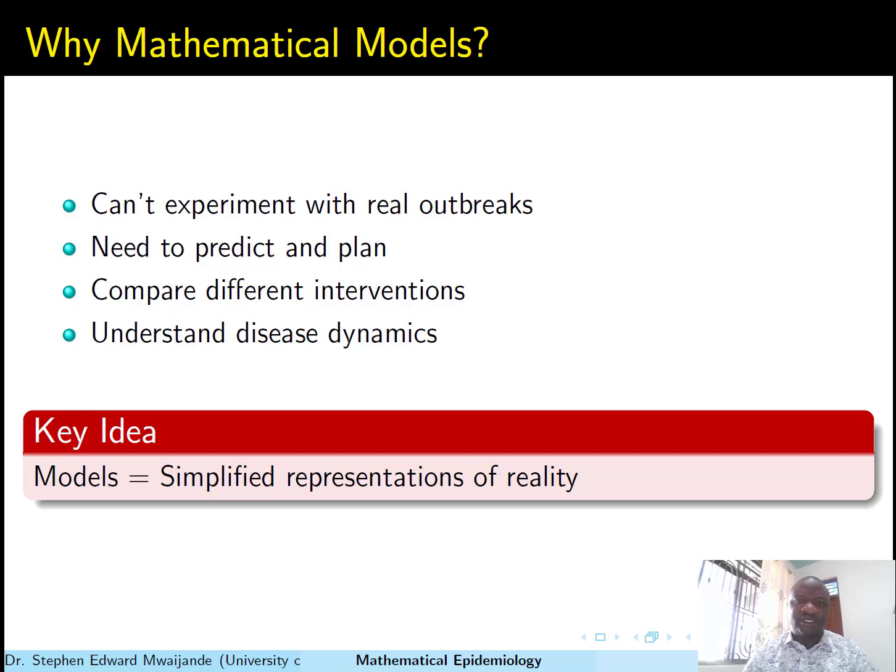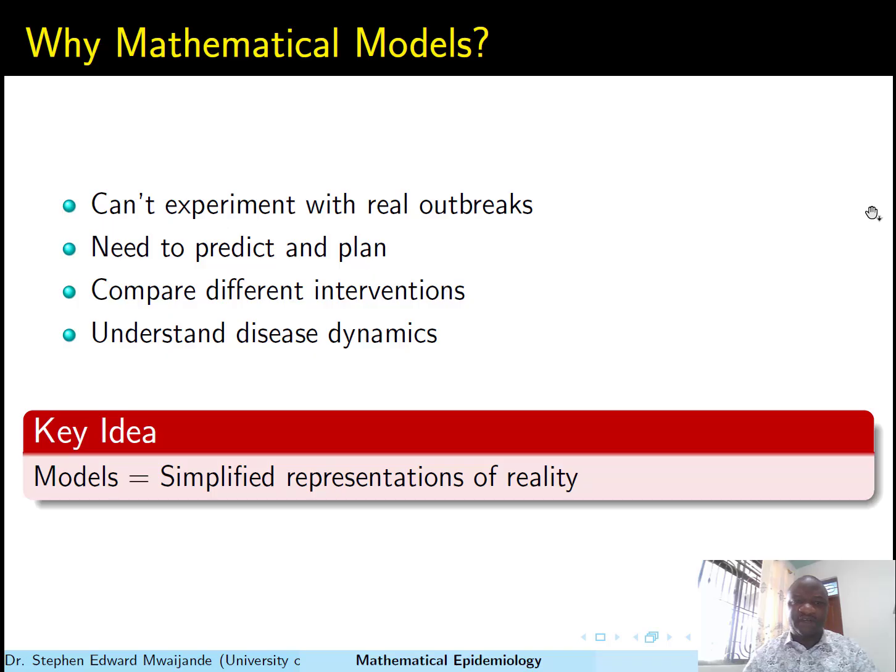Why are we really interested in mathematical modeling? Most biological experiments cannot be done with real outbreaks, so we need mathematical modeling in order to get some insights. Also, we need to predict and plan for disease and how to control epidemics.